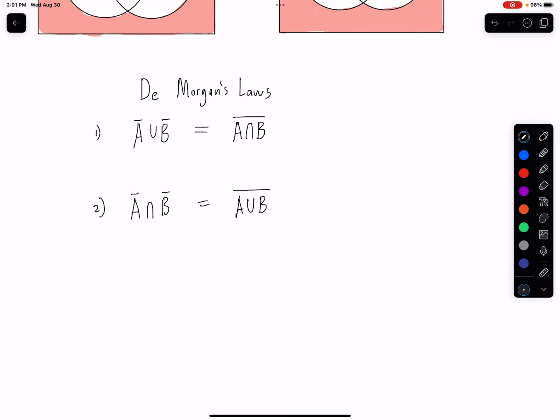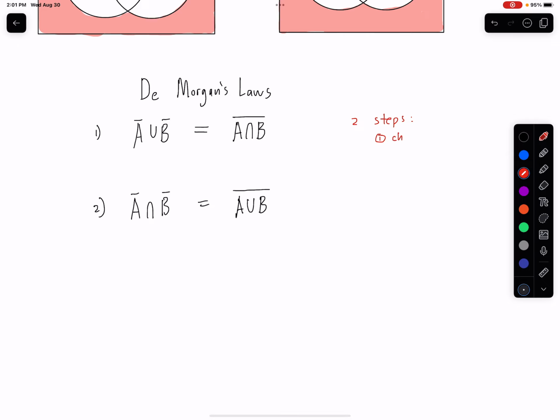Basically, there are 2 steps to remember it. Step 1: you can go back and forth from either side, right? Let's say I'm starting from the side where the complements are separate.